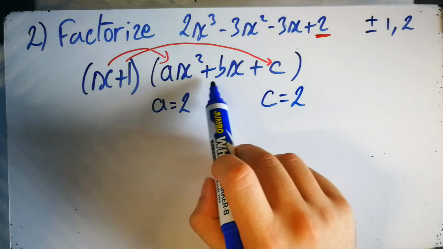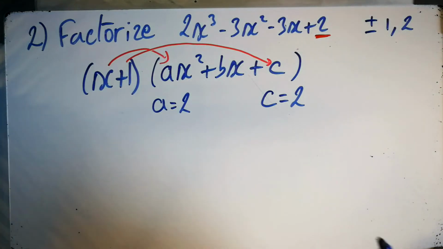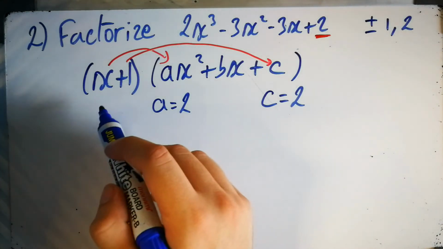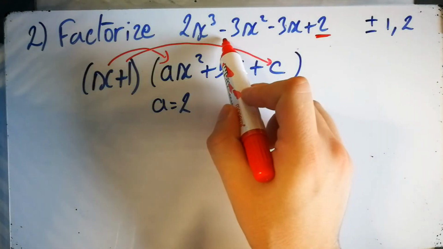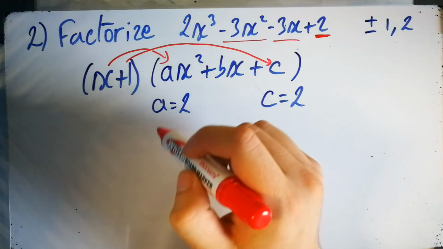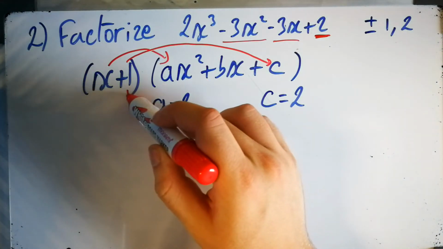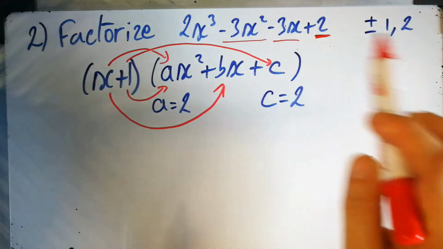It's going to be a bit more difficult to find b. So to find b, we use identification. It works also if you have trouble finding a and c. So here, when I want to identify, I'm going to focus on either the x squares or the x. So let's say we focus on the x squares. To find my x squares, I'm going to multiply 1 by ax squared and x by bx.